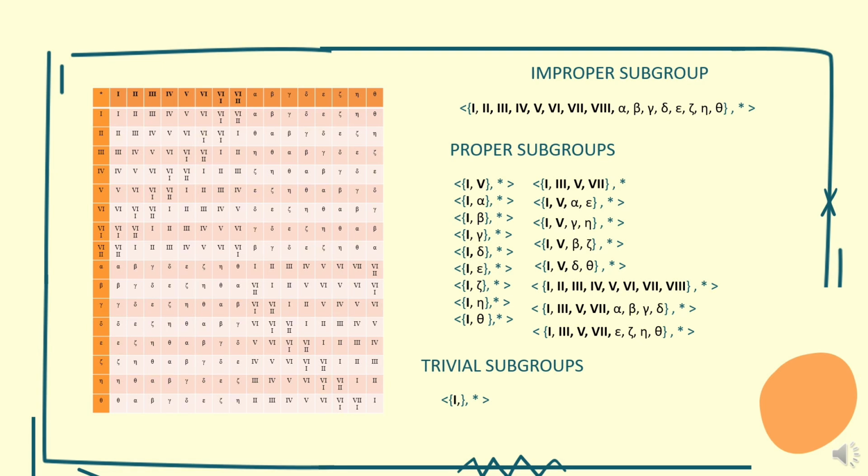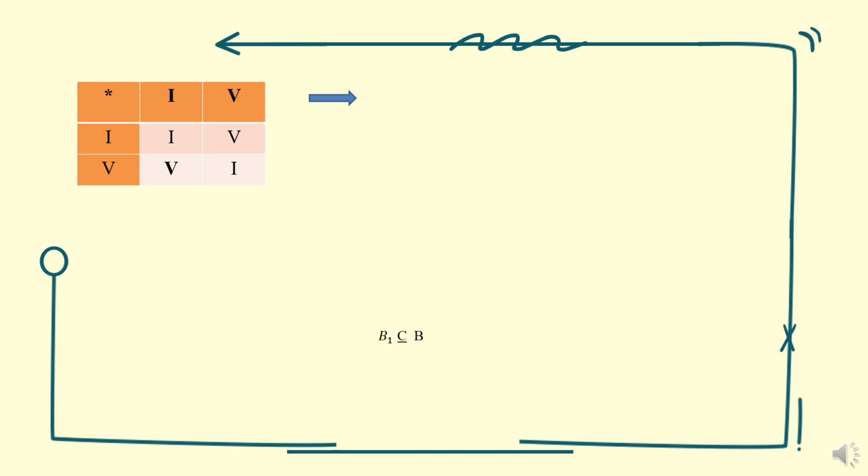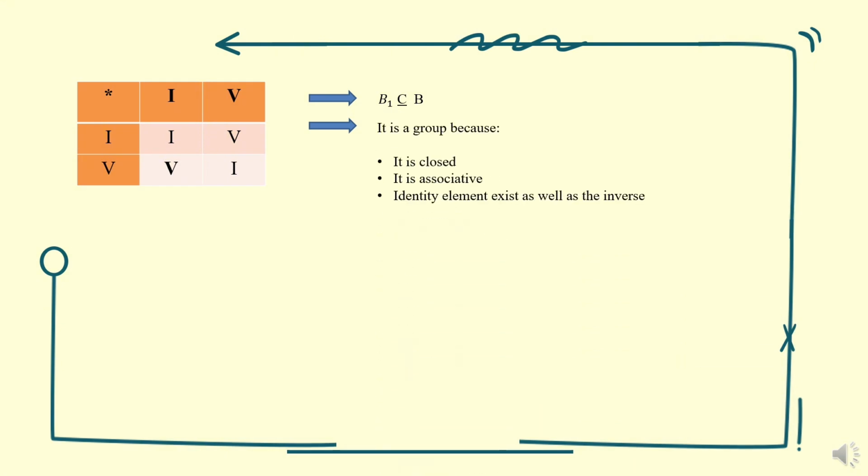Next. So now B1 is a proper subgroup of B. It is a group because it is closed, it is associative, and an identity element exists as well as inverse elements.